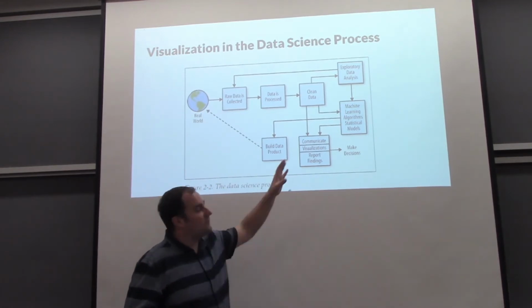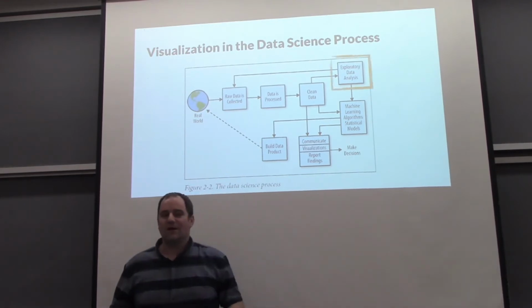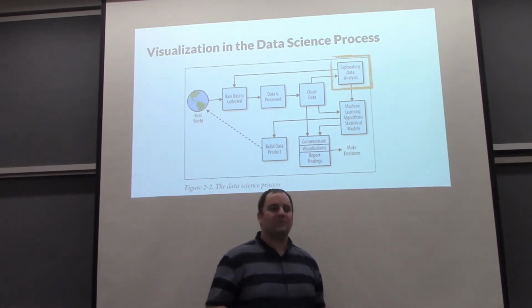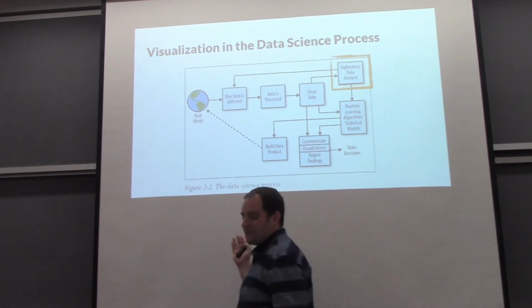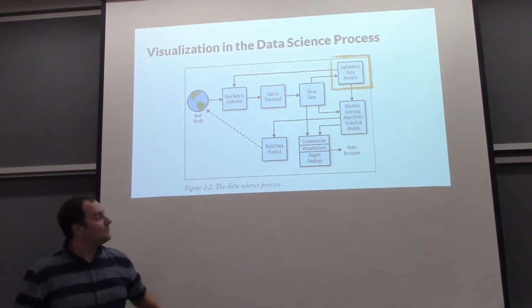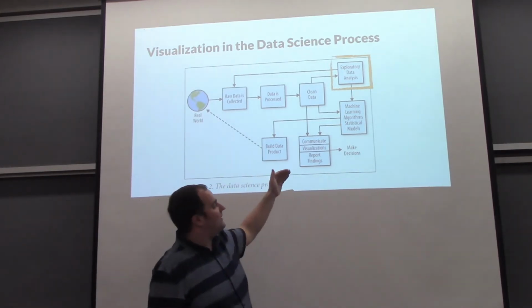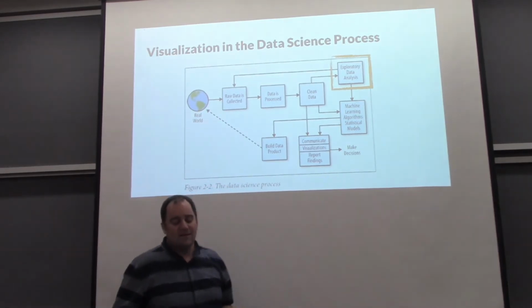So we can do exploratory data analysis to understand what is in our data set in the first place. And this is where visualization can be really helpful. If you want to see what is in my data in the first place, like in the example with Anscombe's quartet earlier, this is what happens here. Then, on the clean data, we can run some machine learning algorithms, some statistical models, or whatever you like.